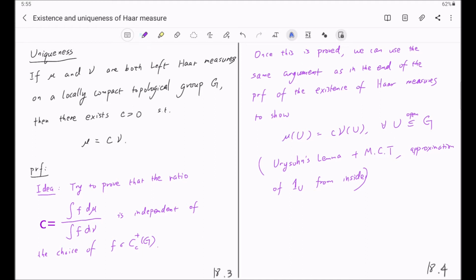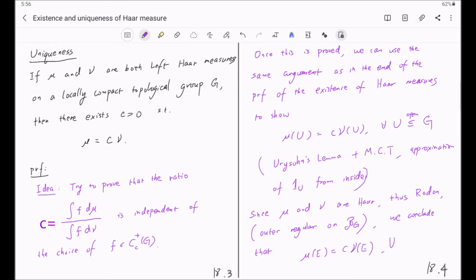Now, if we prove this, then since mu and nu are Haar measures, and thus Radon, in particular they have the regularity on the Borel subsets of G. We conclude that mu of E is equal to c multiple of nu of E for any E in the Borel sigma algebra of G. Again, this was at the end of the proof of the existence.